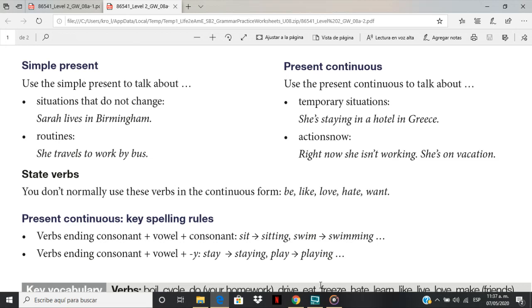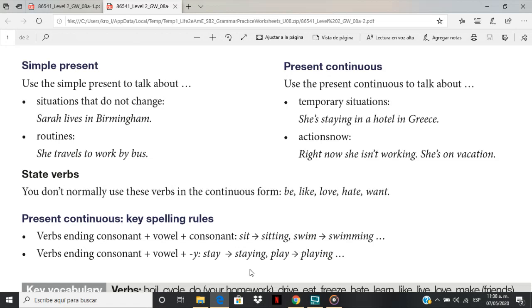Well, these key spelling rules are the following. Remember that verbs ending in consonant, vowel, and consonant, like sit or swim, you have to double the last consonant. Sitting, swimming, they have a double T, they have a double M. Verbs ending in vowel plus Y, like stay or play, you just add ing.